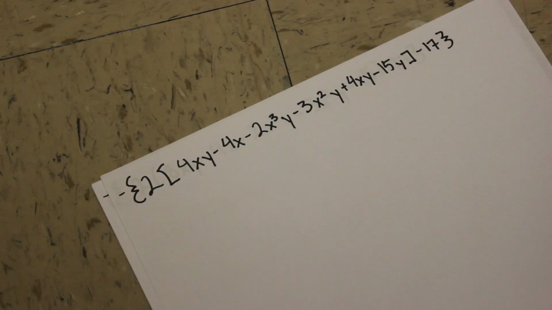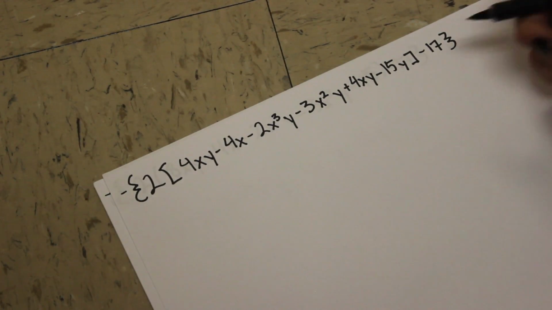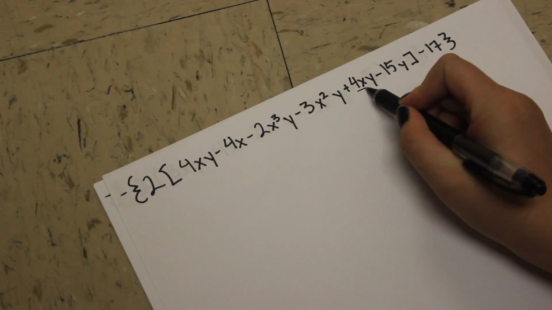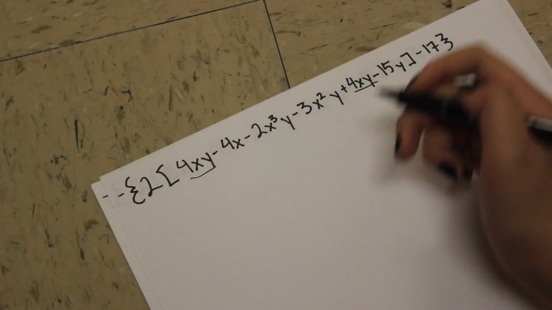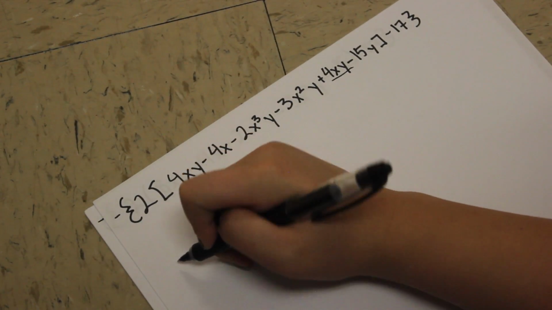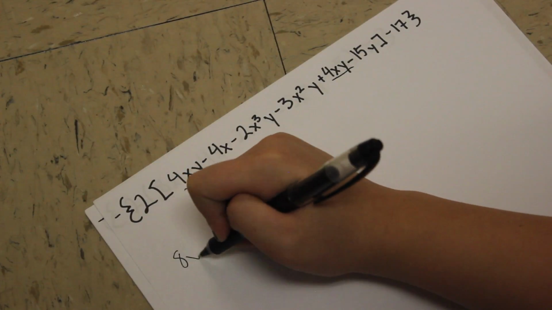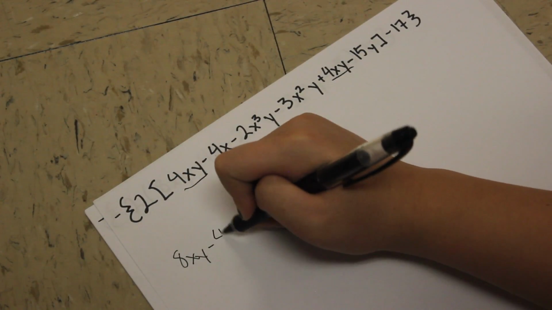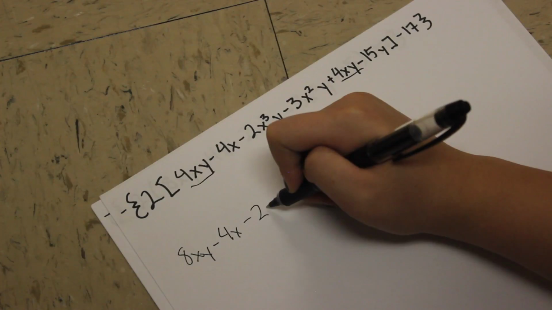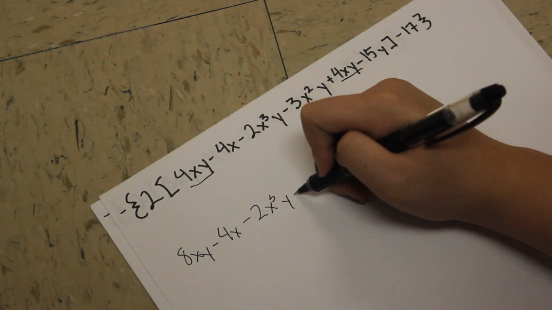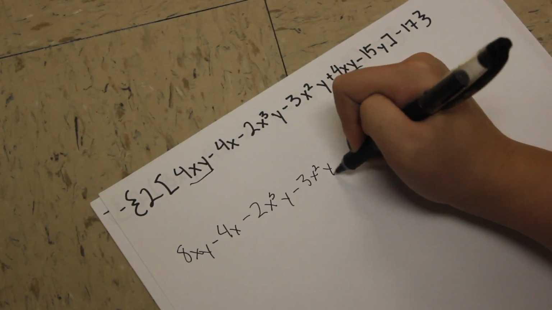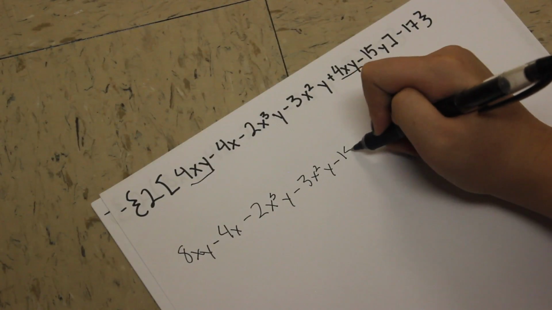Okay, and so now we have to combine like terms one more time. And we combine 4xy and 4xy, and we get 8xy minus 4x minus 2x cubed y minus 3x squared y minus 15.